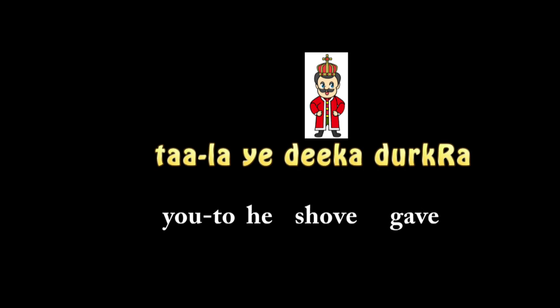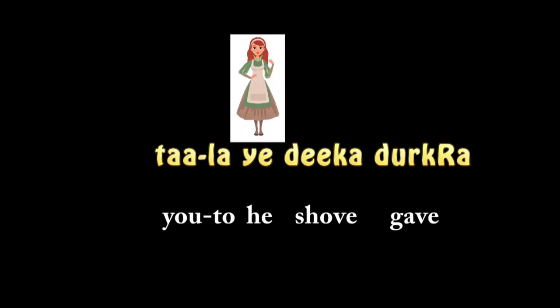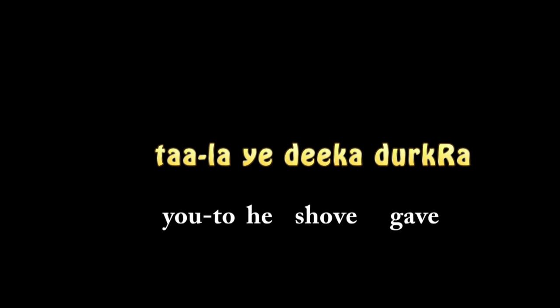Tala dika darakra. Tala, to you. The subject of the sentence is the ruffian, the bad guy who pushed him. Tala ye. So what's the ye? Ye is a mini pronoun that's been inflected because it should be hara, he, but it's the servant, and servant is always inflected, so the subject, the servant, is inflected.